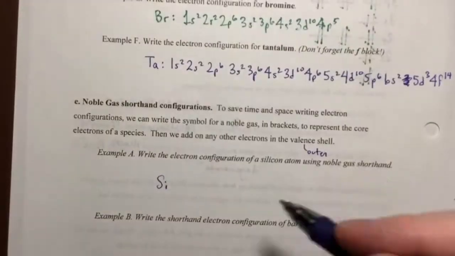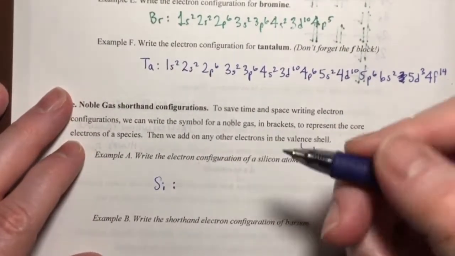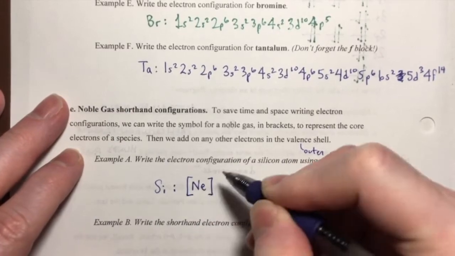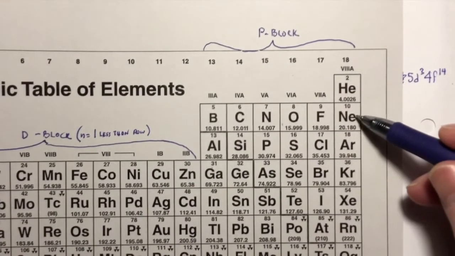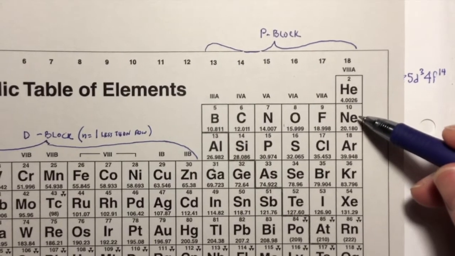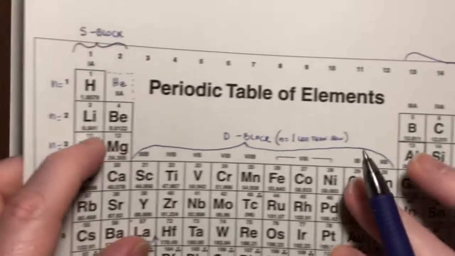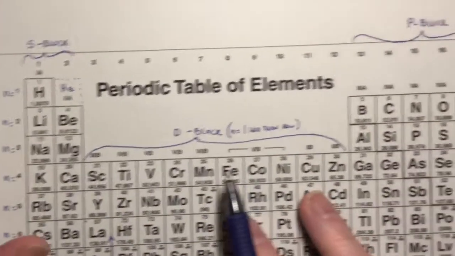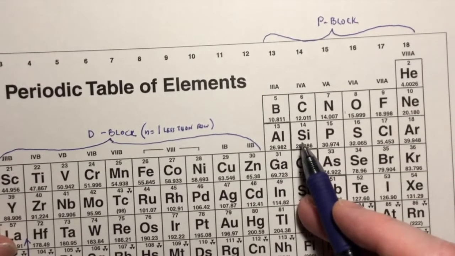And so the electron configuration for silicon: neon in brackets, that's the noble gas shorthand that represents all of the electrons leading up to neon. And then beyond that, beyond neon, we have 3s2, 3p2.